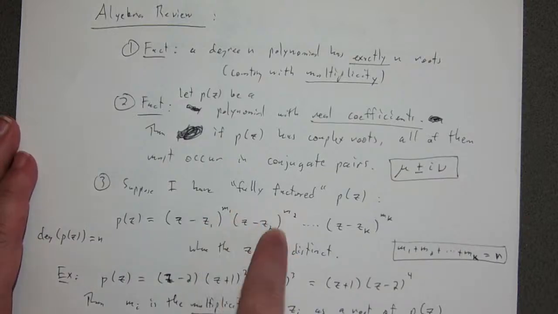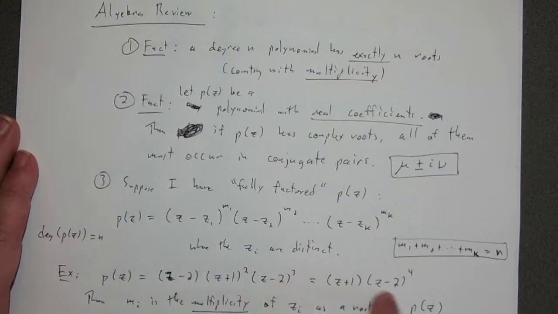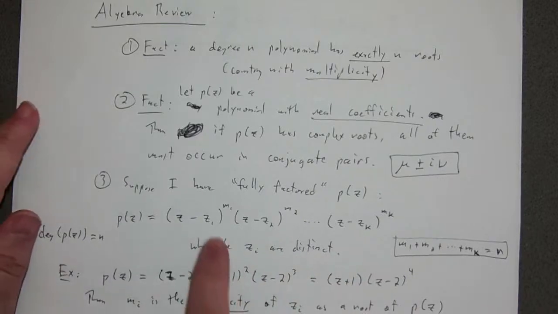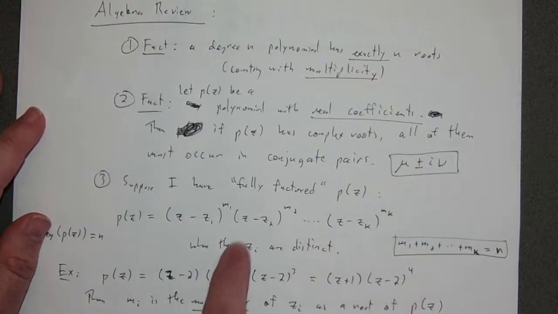Then a couple of things. Suppose I gave you an example where I had listed this fully factored, but actually there was more efficiency, where I could combine this z minus 2 factor with the z minus 2 cubed factor over here to be a z minus 2 to the 4th factor. So suppose that I've done all those simplifications already, so that all these z sub i's are different. Then the power on the factor corresponding to that root is the multiplicity.